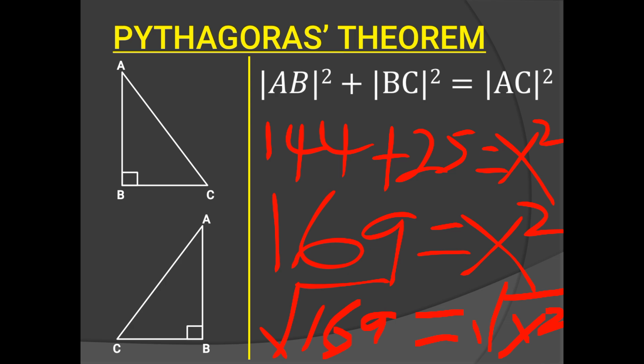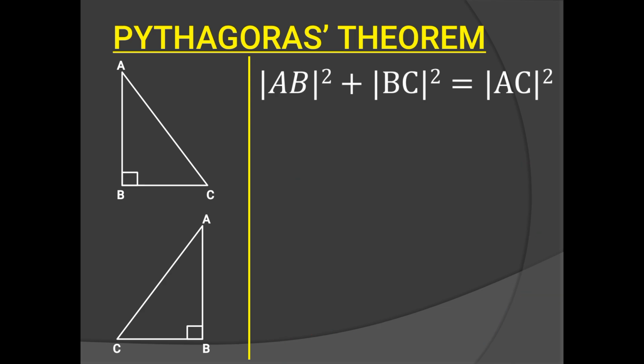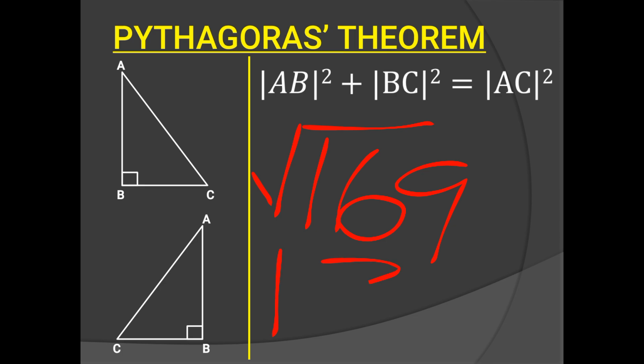Now the square will cancel the square root. Square root of 169 means what number will multiply itself to give you 169? That is 13. So our x is 13. So in the question, our hypotenuse is 13.